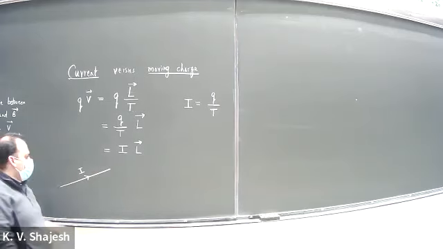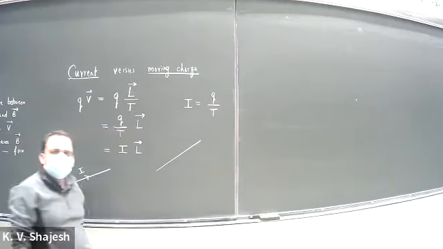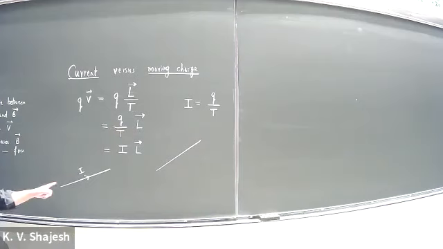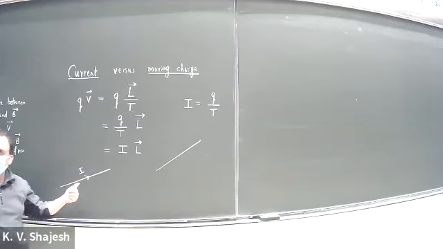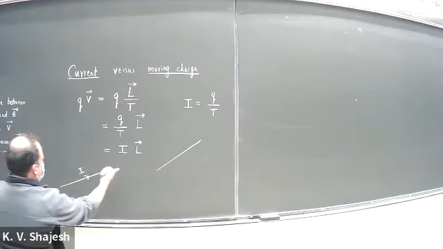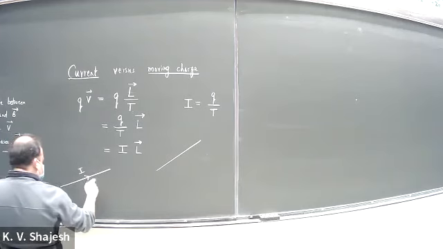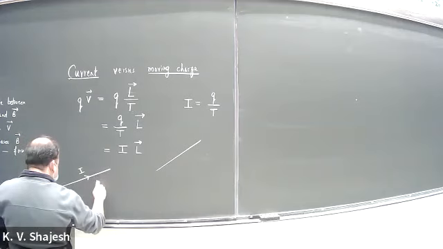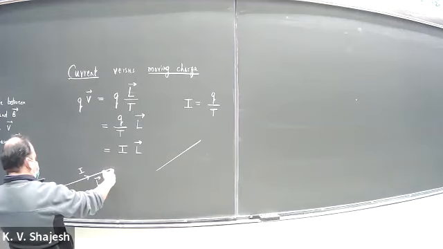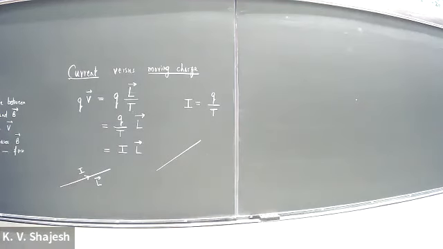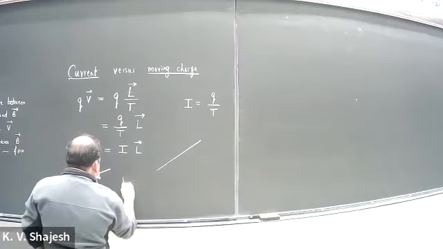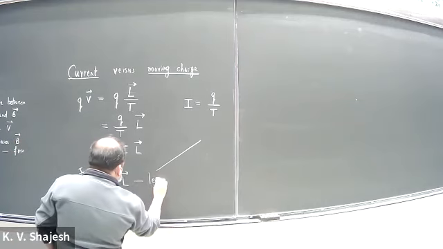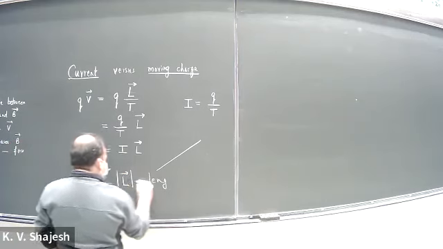But the sense, whether it is, for example, this is a wire, right? You don't really associate a direction with it. So the geometry of the length is given by the wire itself, but the direction is given by the direction of the current. It matters whether it is going to the right or to the left. So in this case, I is the current that is going through the wire, and L is the length of this wire, and the direction is given by the direction of the current. So L here: magnitude is the length of the wire.